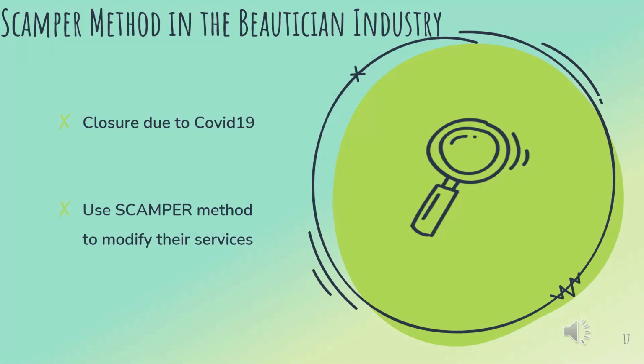Secondly, they could put their beauticians to another use by running online seminars which their customers would pay for on various different topics such as skin health, makeup, and step-by-step tutorials. I think the Scamper method is ideal for this industry as they are struggling to adapt to COVID-19, and using the Scamper framework provides innovative ideas from existing products and services they already have.